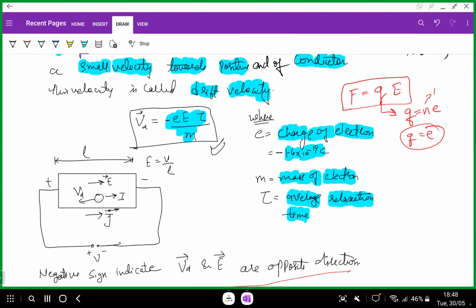Now, drift velocity and electric field are in opposite directions. That is why we have a negative sign here.